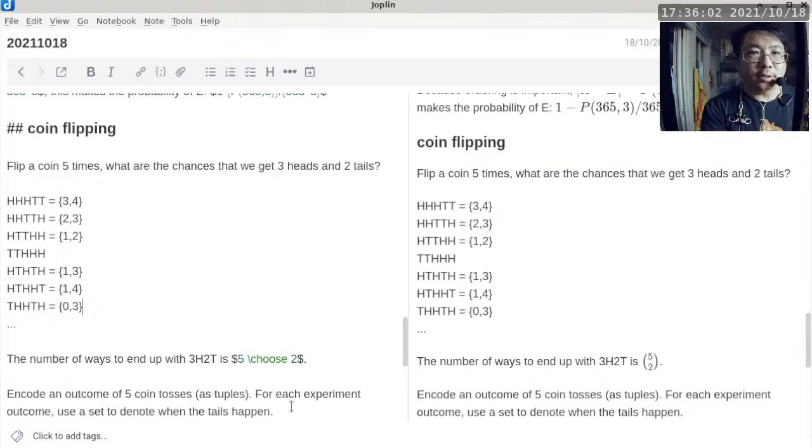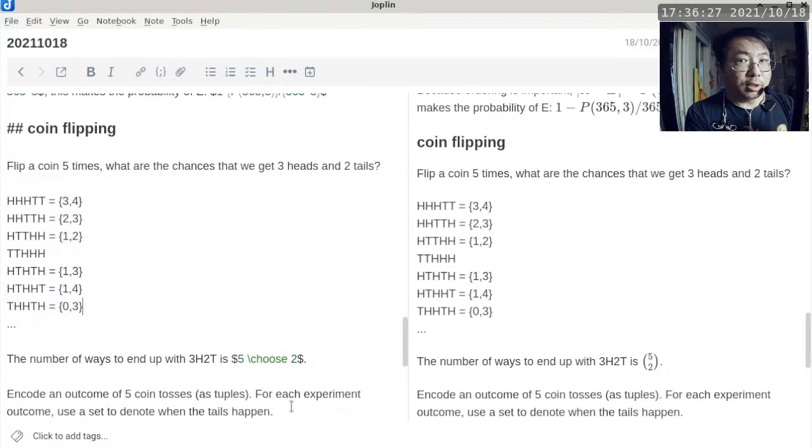Does everybody see how I am converting something that, when you look at it intuitively, looks like a tuple, but I'm switching the representation into using a set, because all I'm doing here is to say, let's just focus on the tails, because if it's not a tail, it is a head. So if I just know where the tails are, I implicitly know where the heads are too.